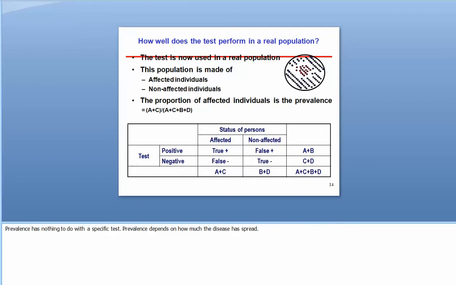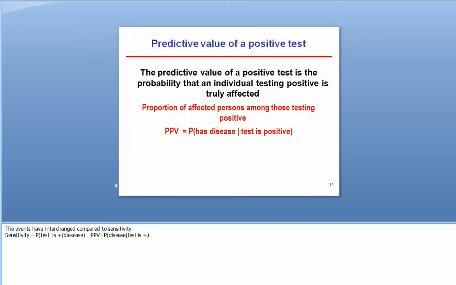Okay, so let's go to the next slide. Now, when you talk about how a test is going to be functional in the entire population, you talk about something called the predictive value of a positive test. In fact, it has the abbreviation PPV.